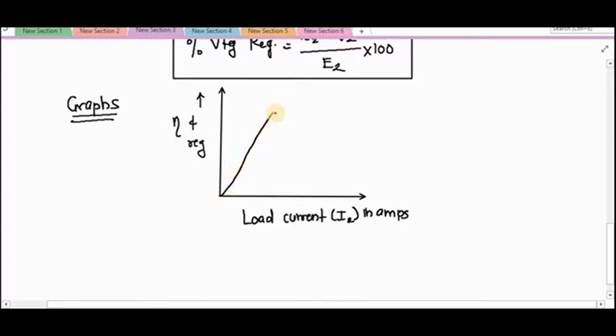When the load increases up to a certain point, your efficiency will increase, then it will attain some maximum value. After that, if you increase the load, your efficiency starts decreasing. And as the load current increases, your regulation will increase linearly. So this is the nature of the graph you will get for regulation, and this should be the graph that you get for the efficiency.